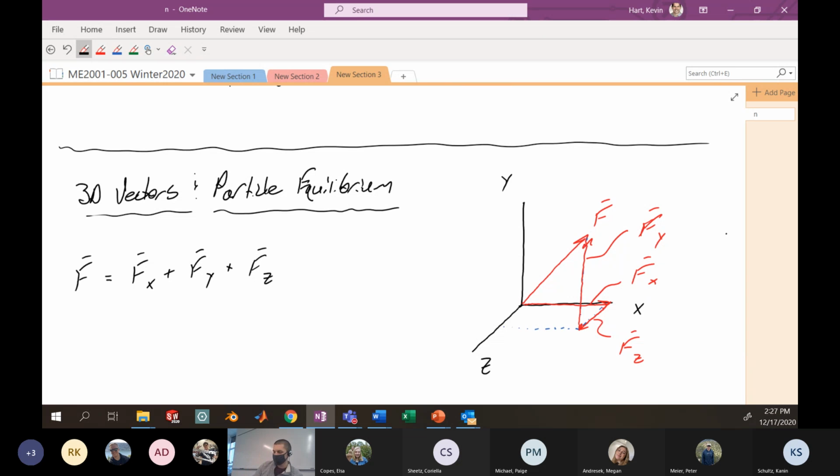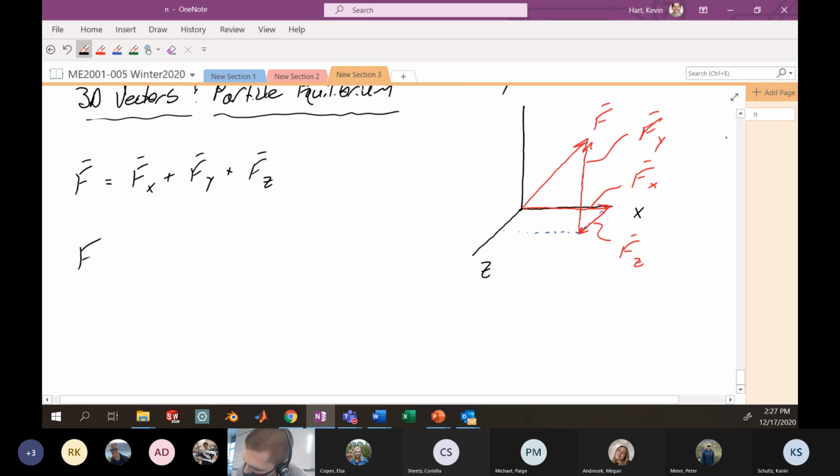And now the idea is I want to represent the magnitudes of those forces using information that I might have about the problem. Generally the force could be represented as the magnitude of that force along a unit vector associated with that particular force.